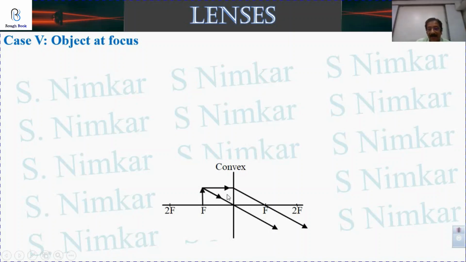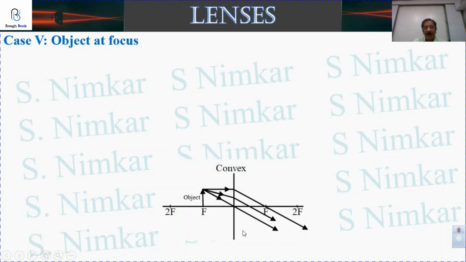So I can draw any third random ray and I will draw the refracted ray parallel to these two. Now actually the image is not formed over here. What you can see is a parallel beam of light. But by applying principle of reversibility to case 1, when the object is at infinity, the image is on the focal plane.